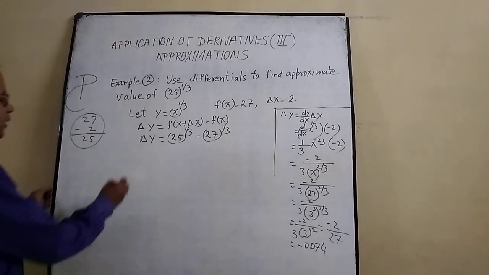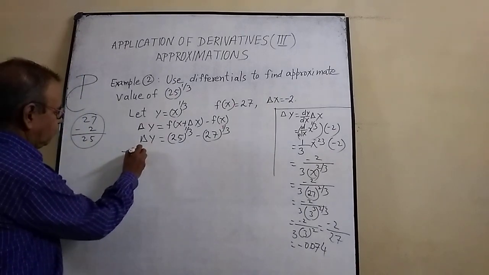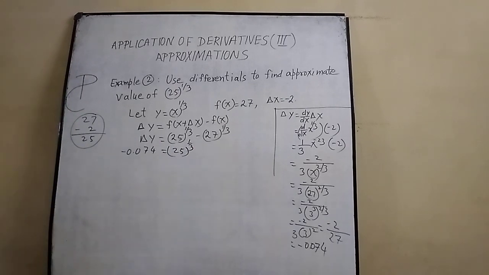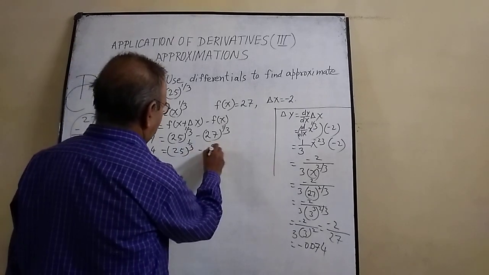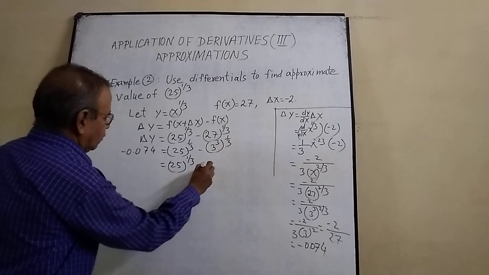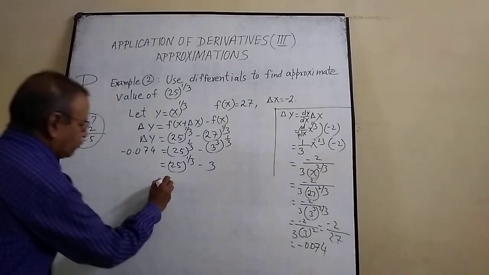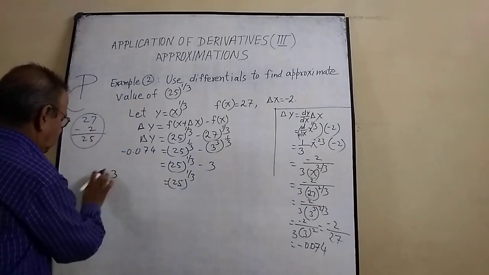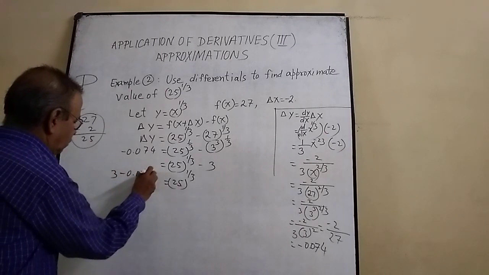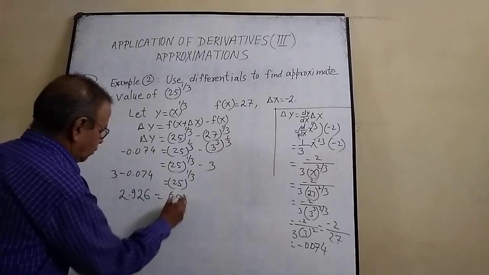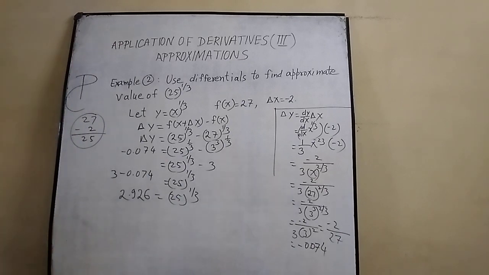So delta y is minus 0.074, which equals 25 to the power 1 by 3 minus 27 to the power 1 by 3, which is minus 3. So 2.926 is equal to 25 to the power 1 by 3.